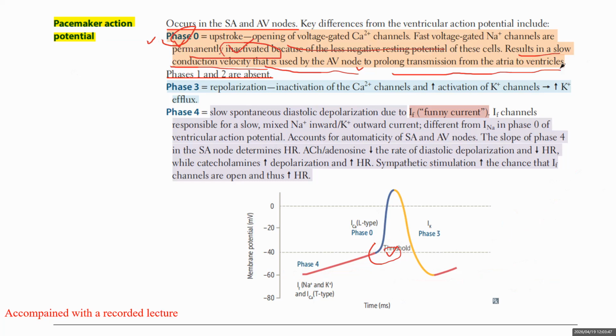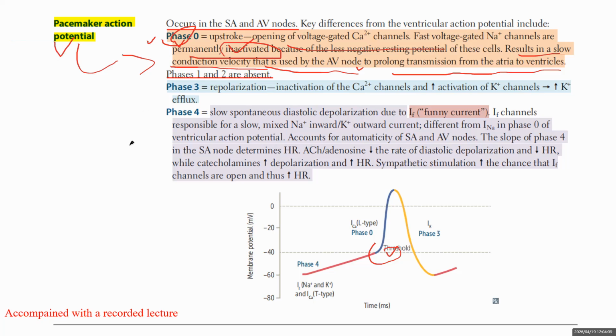What does that all mean? Because the pacemaker cells do not open the sodium channels, there is no role for the sodium channels here. Instead, in the pacemaker action potential phase 0, the L-type calcium channels open.